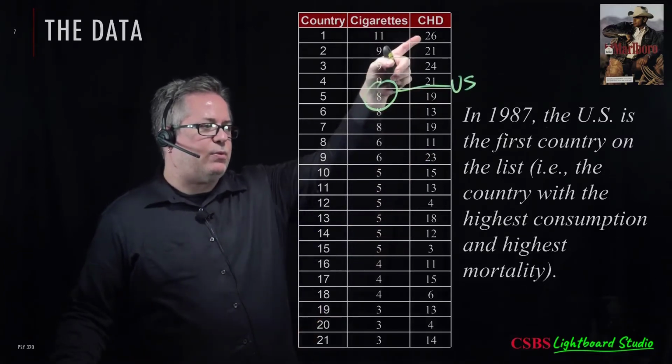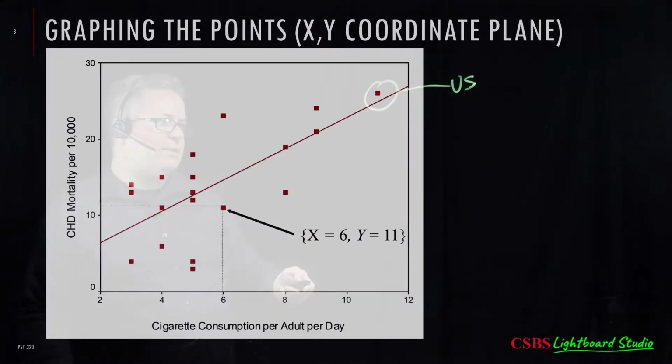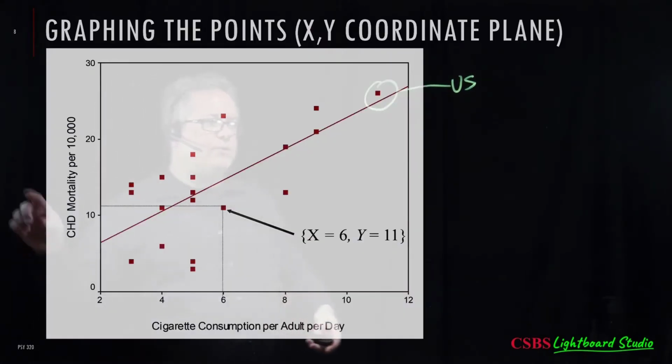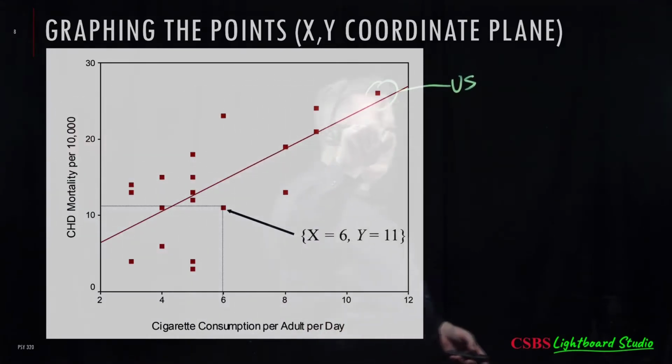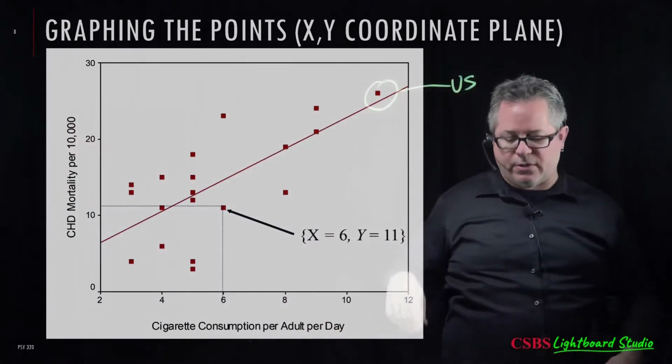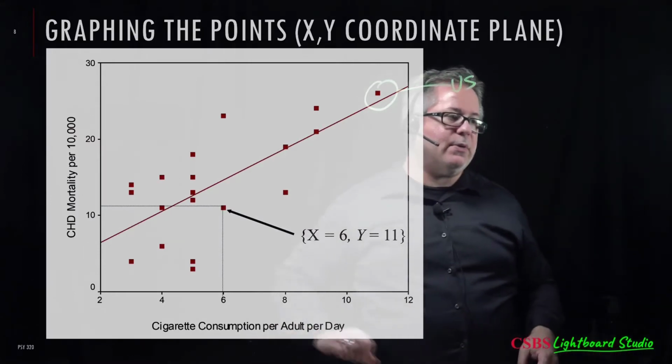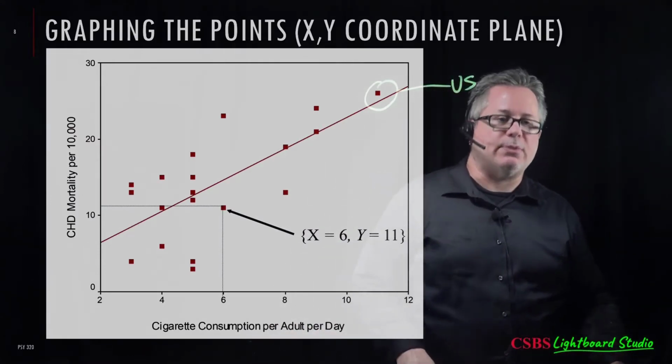By the way, I think I said 23 before. The U.S. is 26. So I guess that looks right, because this is 20, 25, somewhere in the middle, just about 26. All right, so this is the U.S. for sure, with their 11 cigarettes per adult per day and the 26 deaths per 10,000.